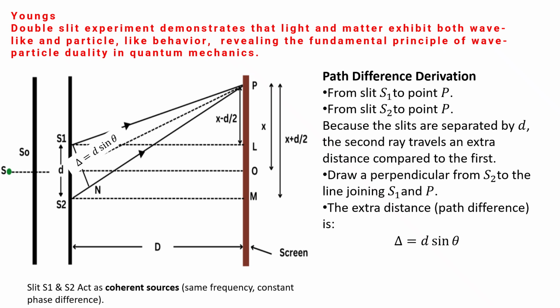If we draw a perpendicular on the S2P line, we see that S2N, delta, equals d sine theta. The delta is the difference of the distance traveled by the light to P from slit 1 and slit 2, which is d sine theta. This is the path difference of the light.